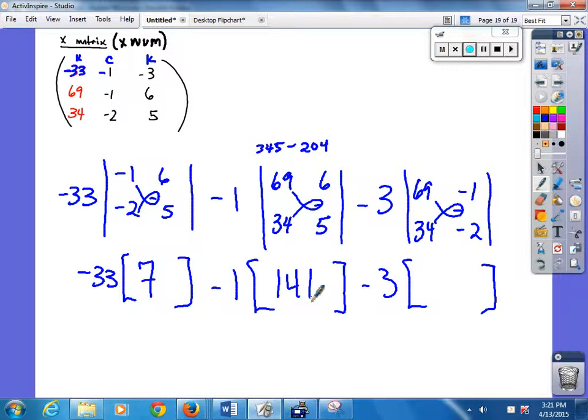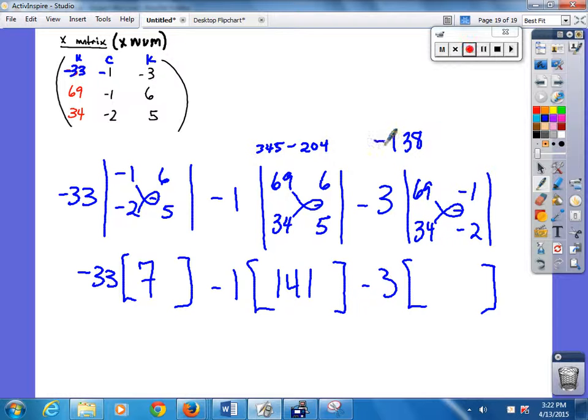All right, 69 times negative 2 is negative 138, right? 70 times 2 is 140, so 138, and that'd be a negative.